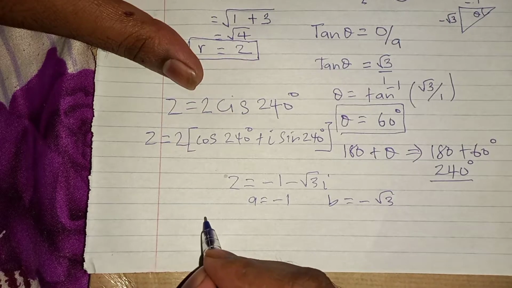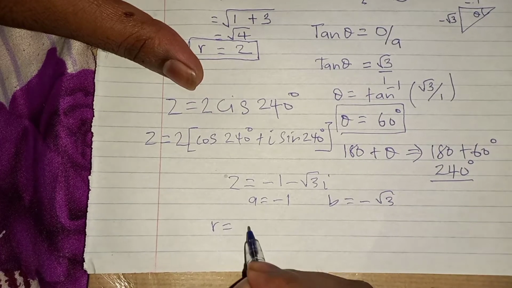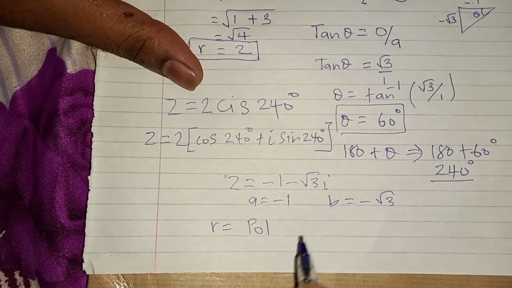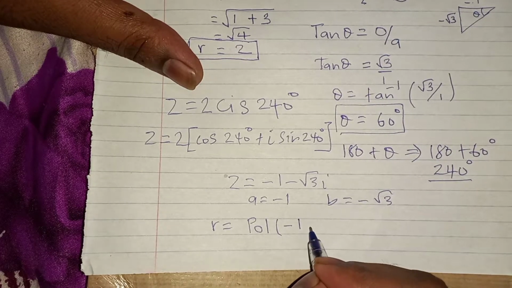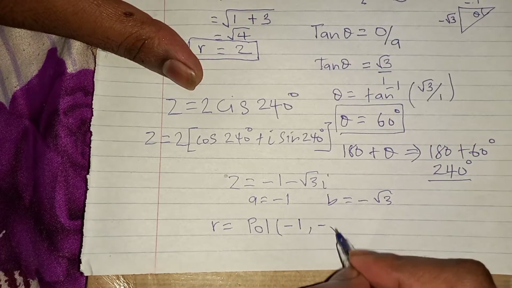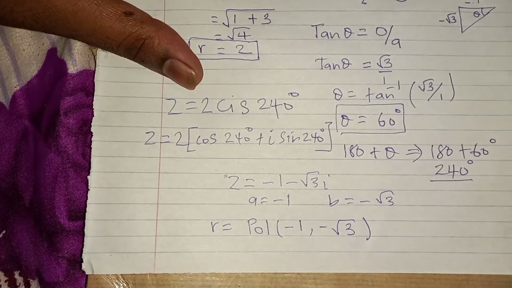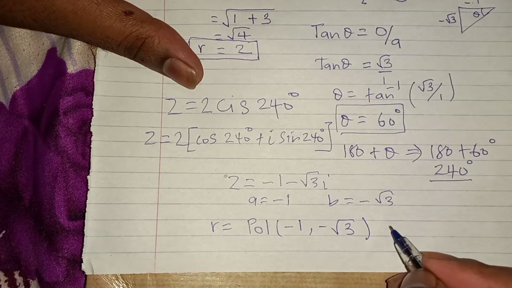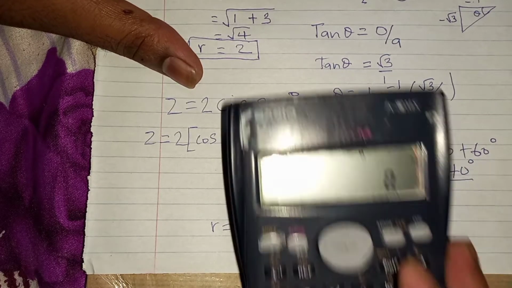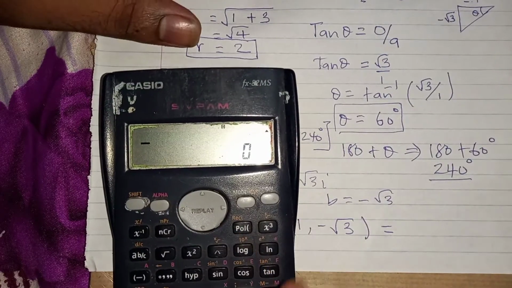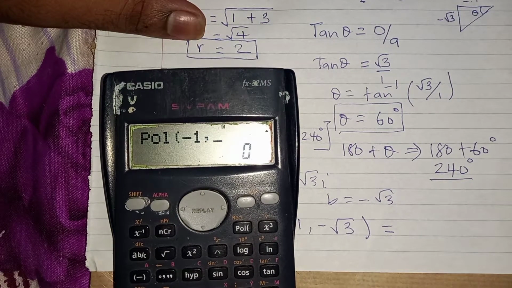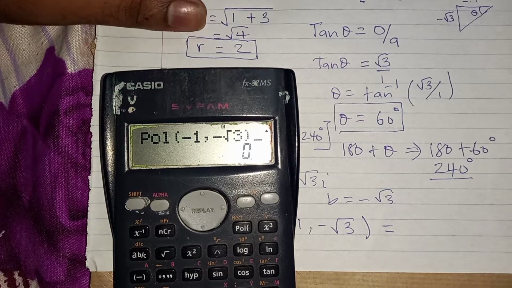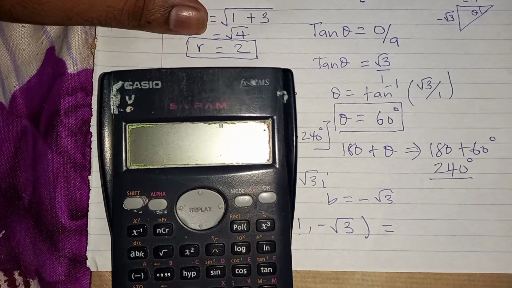If you have to find the value of r, you can say POL open bracket -1 comma -√3 close bracket, and then you press equals. So this is how you're going to do it.